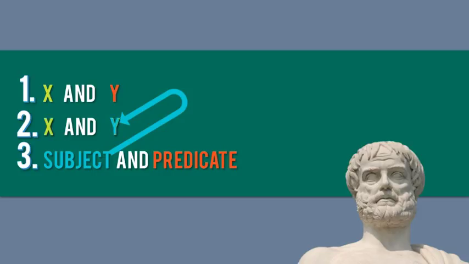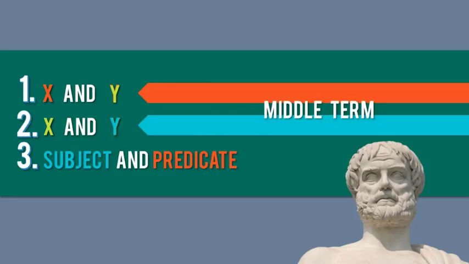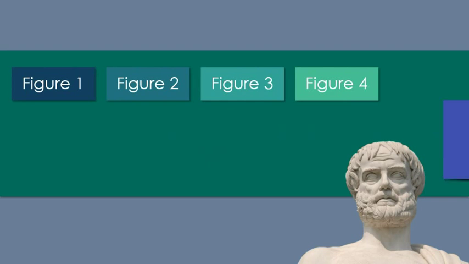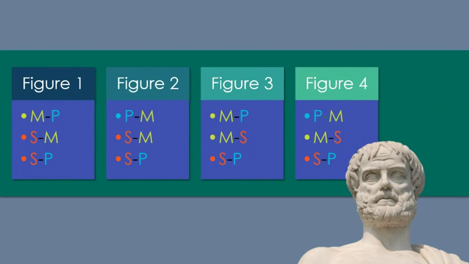But the trick here is don't chase around trying to find the subject and predicates. Instead, just focus on trying to find the middle term and locating where the middle term is in the first and second premise. So the middle term can end up in four possible positions, and we call these figures 1, 2, 3, and 4.